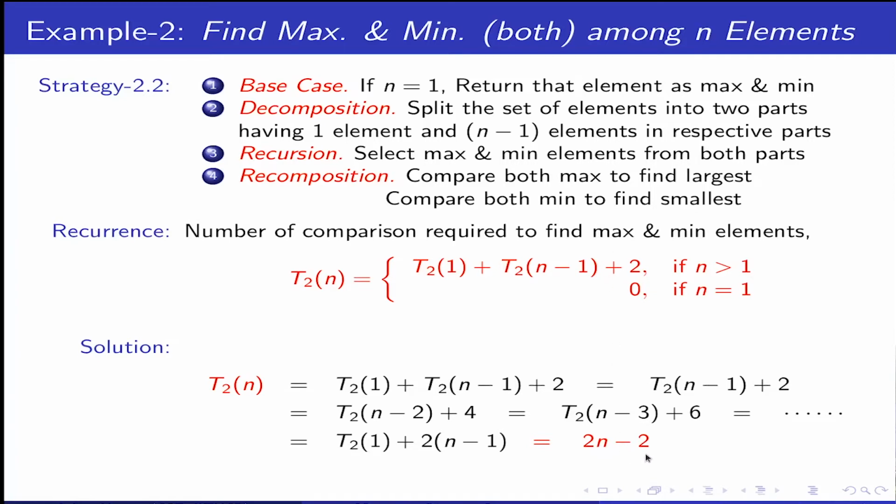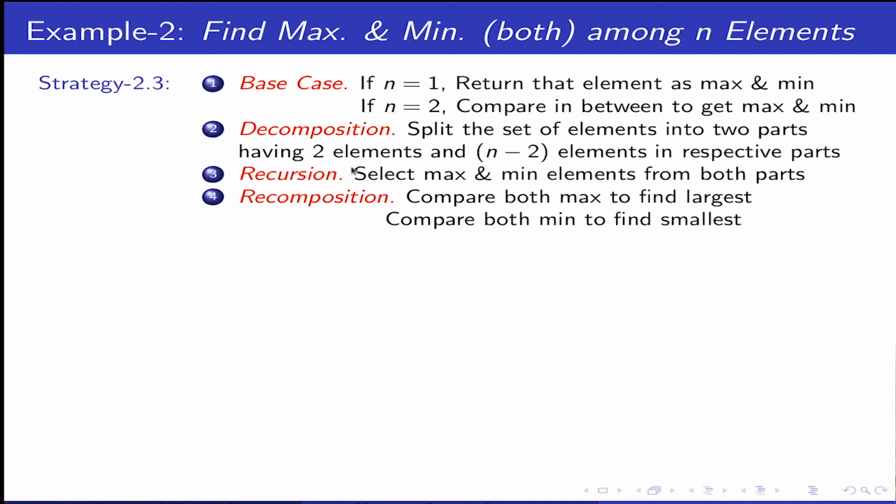This is exactly the number of comparisons we have thought of, provided that we calculate the max and mean in a separate iteration. So see, if my splitting or dividing differs, instead of half I go for one-sided, that is one element and n minus 1, I reach exactly the same goal as running the same algorithm for max and min twice. So it does not help at all.